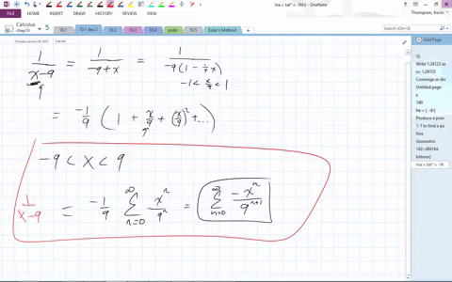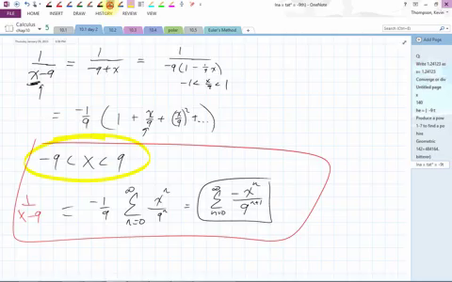But when it says things like, I want this to be centered at some other value, they're wanting you almost to shift it somewhere else on the line. So instead of having it converge between -9 and 9, I want it converging somewhere else. I want it centered somewhere else.